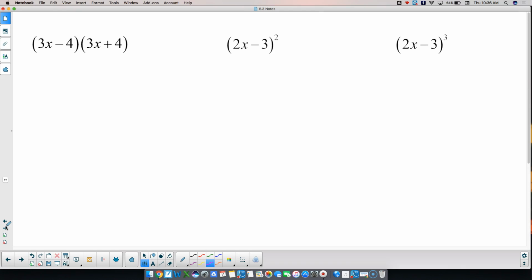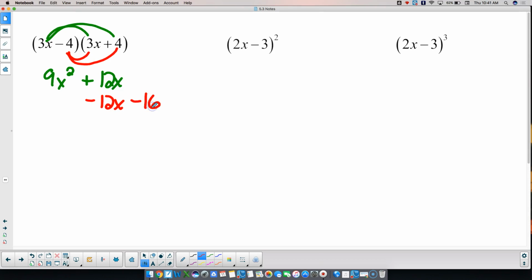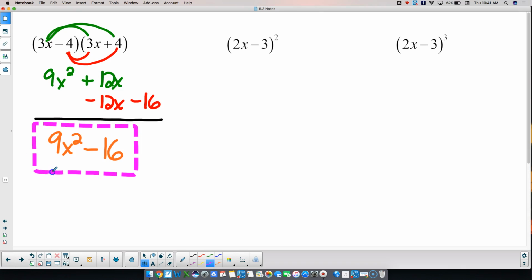Try those 3. First one I got 9x squared minus 16. Yes, huh? Okay. Yes.